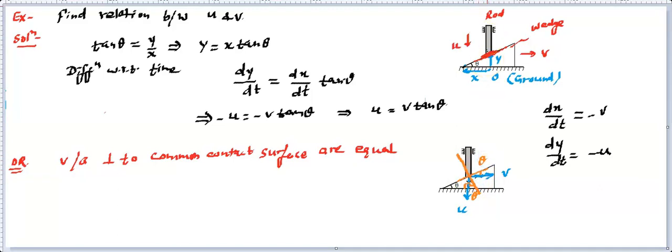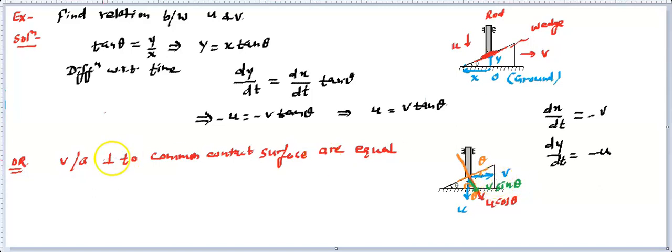Now we can make the components of u as well as v, but our interest is the components along this direction. So u will have a component in this direction as u cos theta, and v will have a component along the same direction, which will be v sin theta, because the other component, cos, will be here and sin will be there. Now we say this is the velocity of the rod along the common perpendicular, and this is the velocity of the wedge along the common perpendicular.